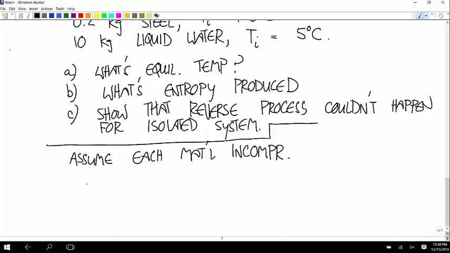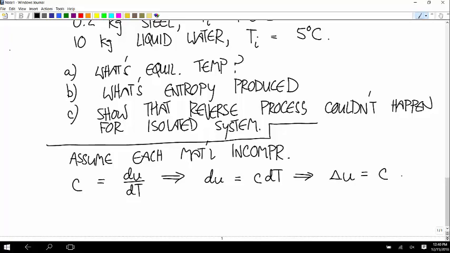And so for incompressible materials, you just have one specific heat you deal with. So C is equal to du/dT. That's only for incompressible materials. And so du is equal to C dT, and the change in internal energy is equal to C times the change in temperature.